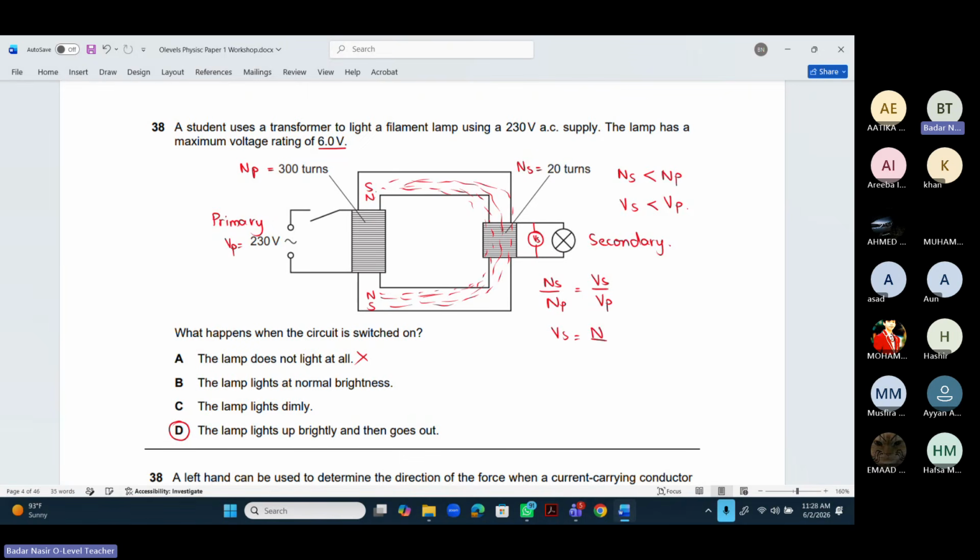So first we find the voltage: Ns over Np times Vp. Number of turns in the secondary is 20 and in the primary side is 300 and voltage in the primary coil is 230.